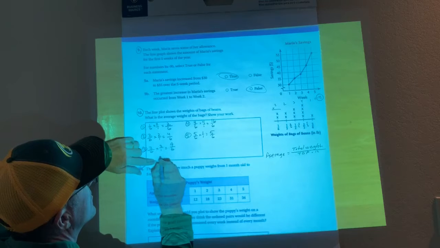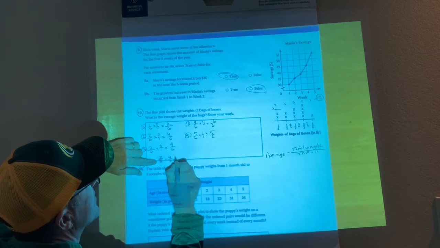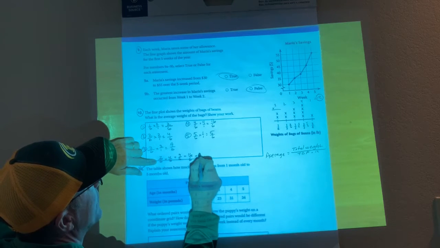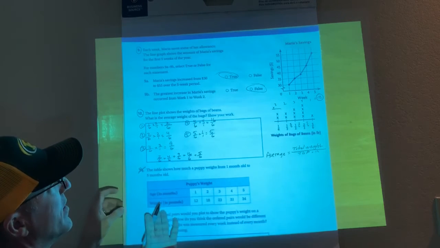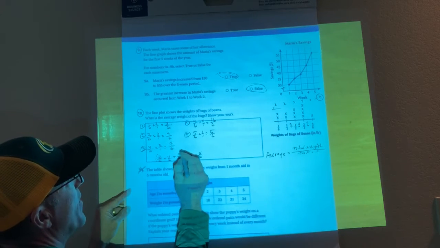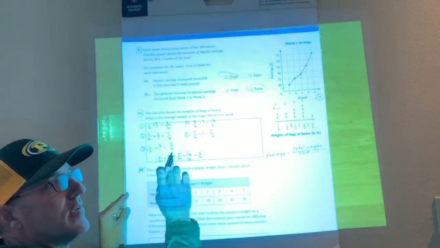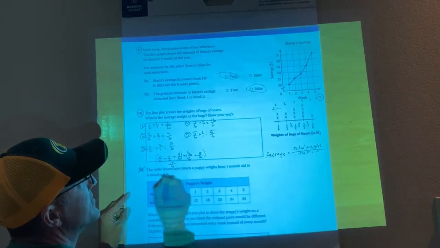I'm going to go 2/6 plus 4/6 plus 9/6 plus 16/6 plus 5/6. And what we want to do is kind of combine these ones and these ones. What's 2 plus 4? 6, and 6 plus 9 is 15. I have 15/6.